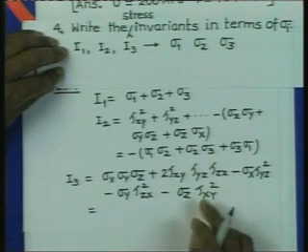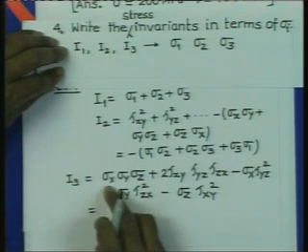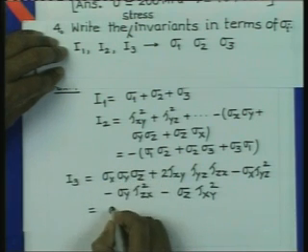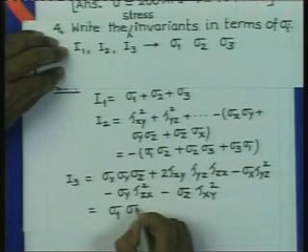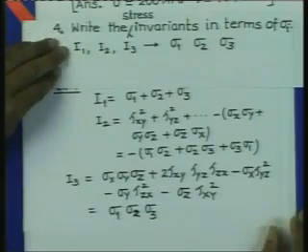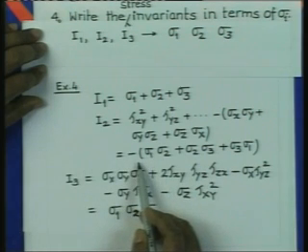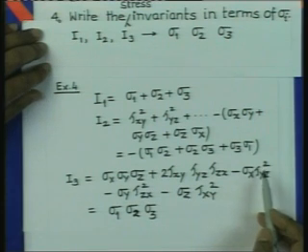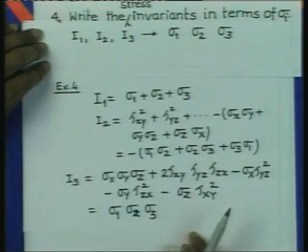Since in this case shear stresses are all absent, and sigma x is nothing but sigma 1, this is sigma 2, this is sigma 3, the third stress invariant is given by the product of the 3 principal stresses sigma 1, sigma 2 and sigma 3. So, the 3 stress invariants are going to be very simple expressions. I1 is the sum of the 3 principal stresses, I2 is nothing but minus the product of the 2 principal stresses taken in succession, and I3 is nothing but the product of the 3 principal stresses.